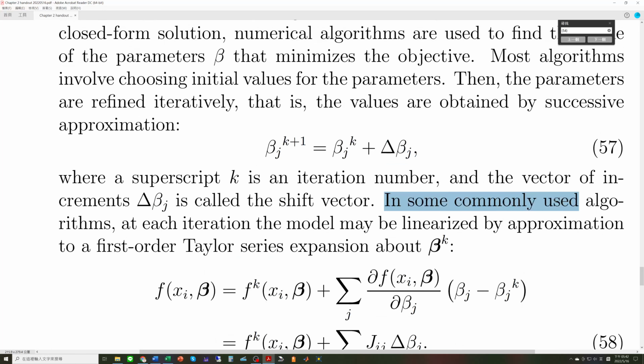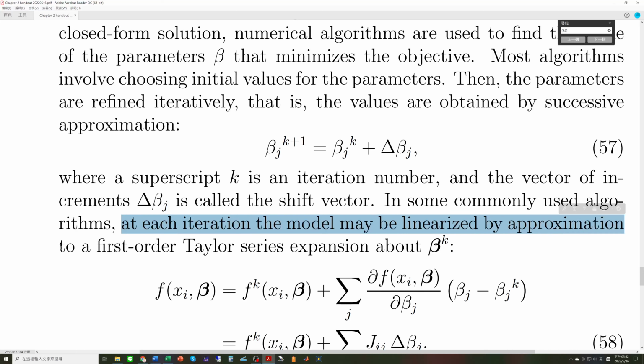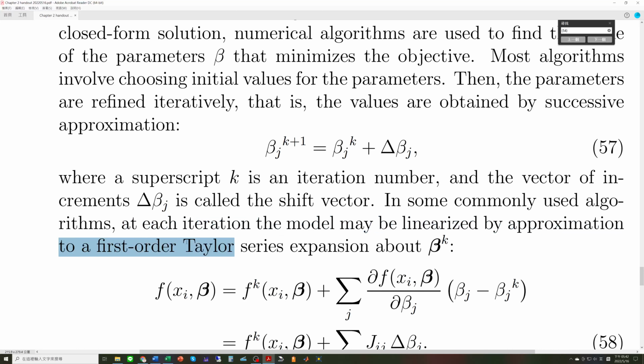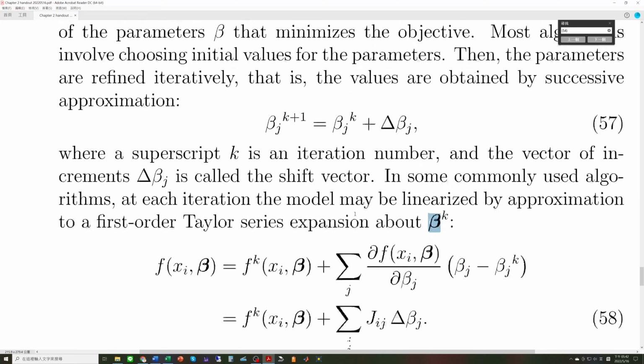In some commonly used algorithms, at each iteration the model may be linearized by approximation to a first-order Taylor series expansion about beta k, where beta k is the parameter vector beta in the kth iteration.